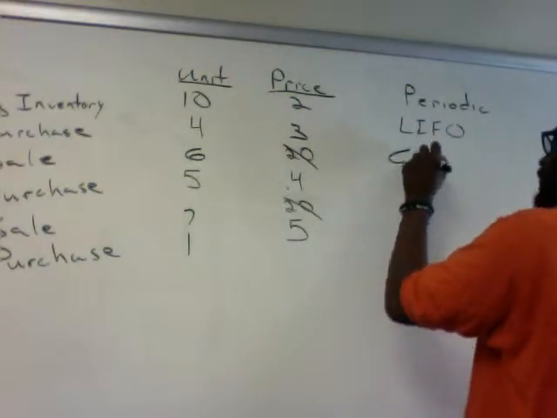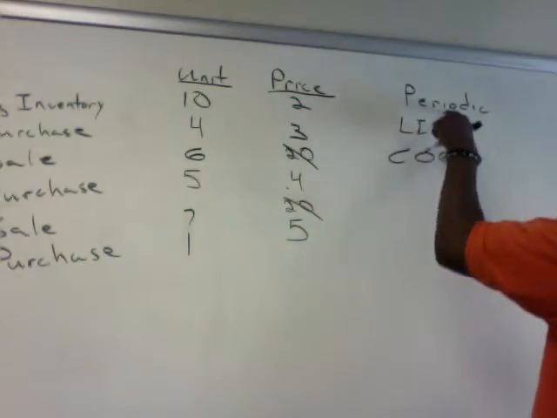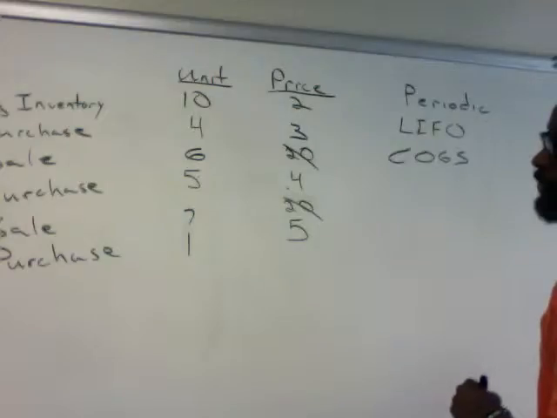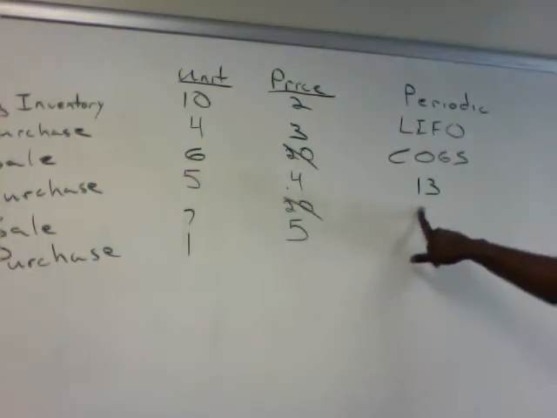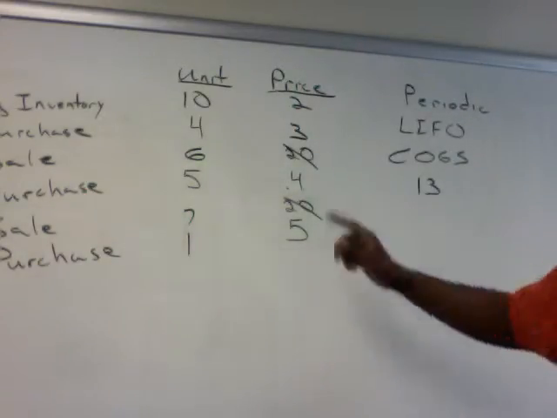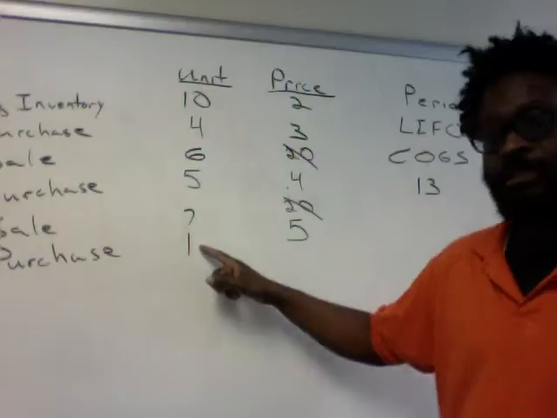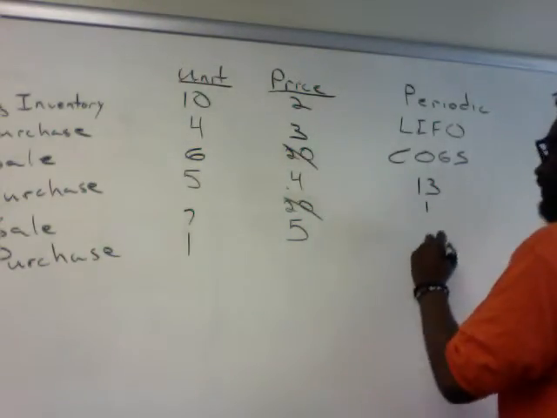And we're going to start off with our cost of goods sold. And instead of breaking those sales down, we're going to summarize the total sales. So how many goods did we sell in total for the period? Because that's the periodic. We sold 13. And so, very easy. The periodic is an easy method. Very easy. We're going to start from bottom up because it's LIFO. And we're going to attack what? The very last purchase. Right?